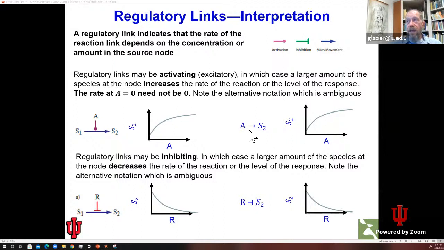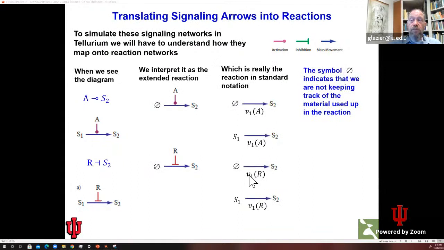And so if I see A promotes S2, the output of that should be the same as what I had on the left. If I say R inhibits S2, the output of that should be the same as what I see on the left. But there are a lot of things that aren't being written down when you write an arrow diagram like that. And so you actually have to do some mental reconstruction when you see that.